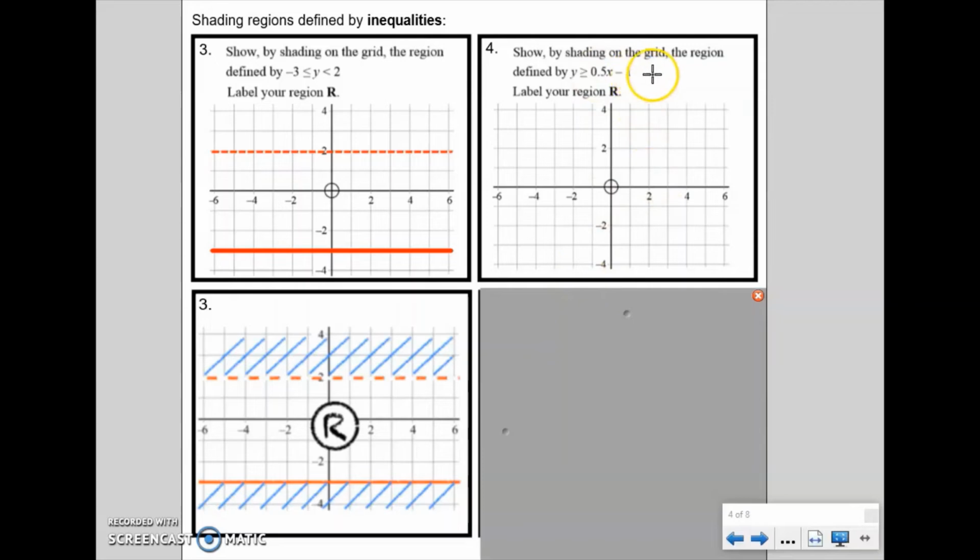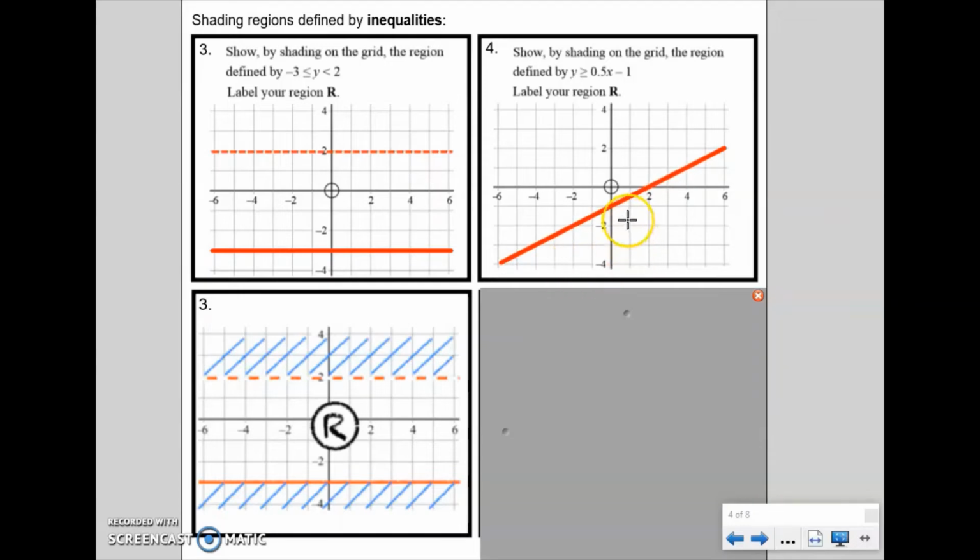And we know from our knowledge of y equals mx plus c that the graph is going to cross the y-axis at -1, and for every 1 square along, it's going to go 1/2 a square up. So our linear graph is going to look something like this.